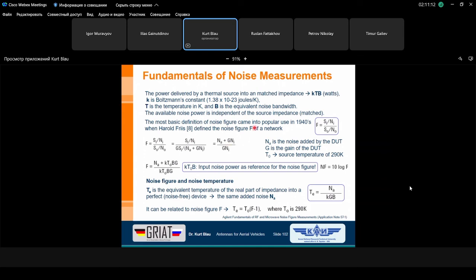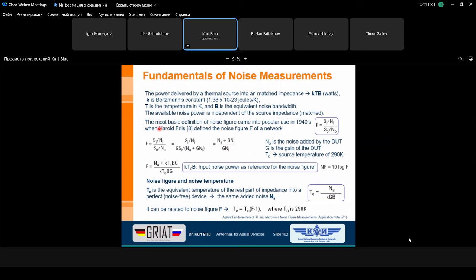Now we can see the nowadays used definition of noise figure, which came into popular use in the 40s of the last century.